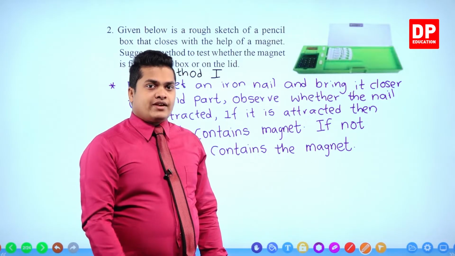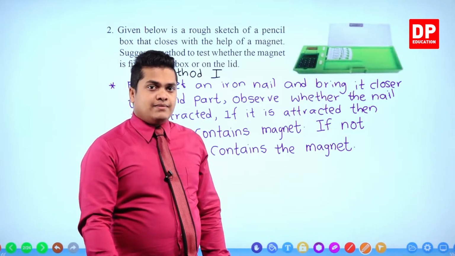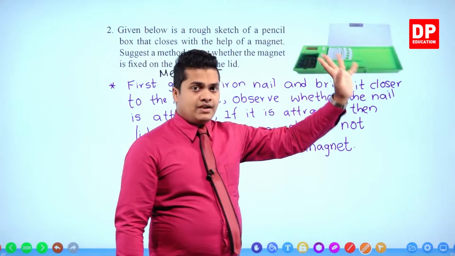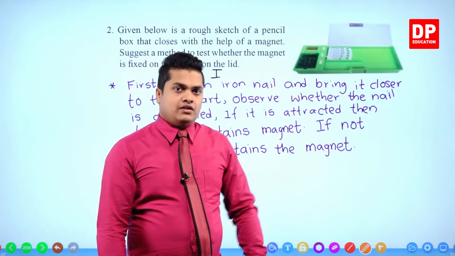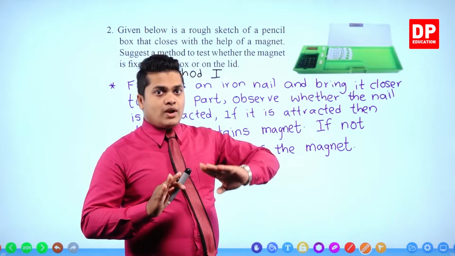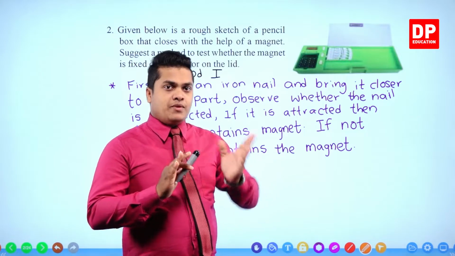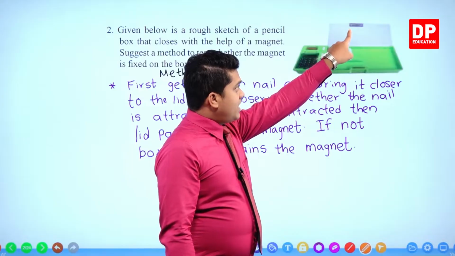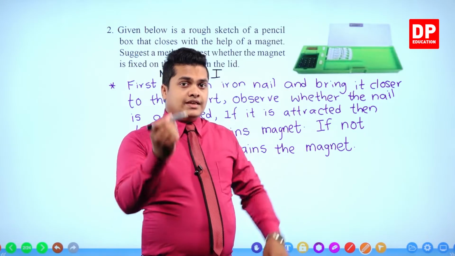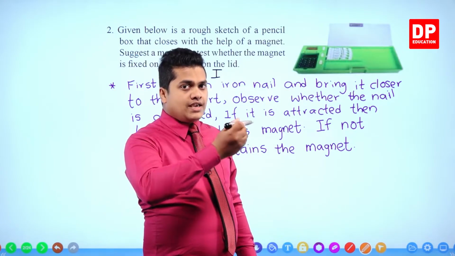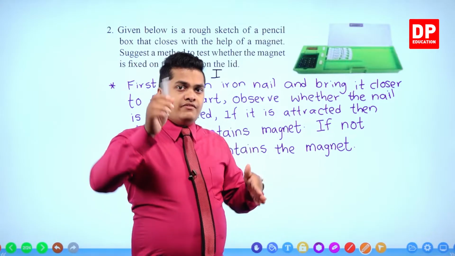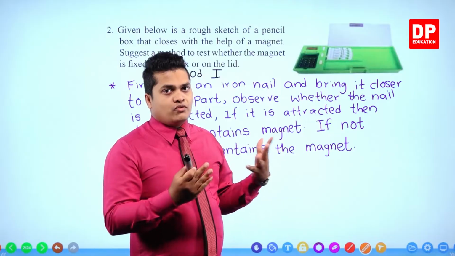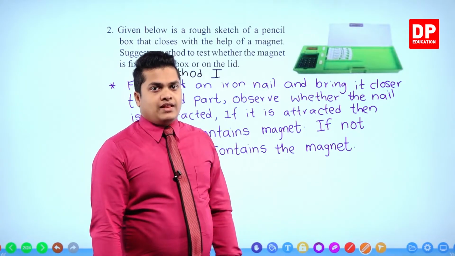If it is getting attracted the second time also, then definitely this is just a magnetic material, like a piece of metal. If it is getting repelled, then we can say this is a magnet, because in the first instance unlike poles are attracted, and when I interchange, like poles come into contact, so it will repel.